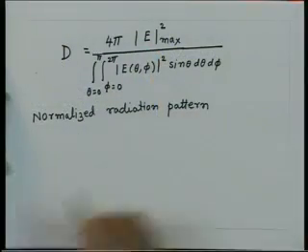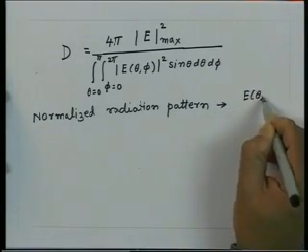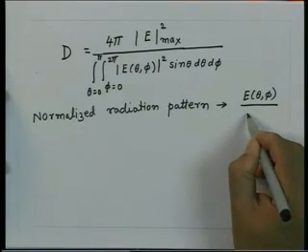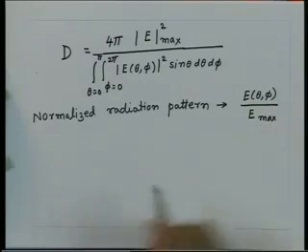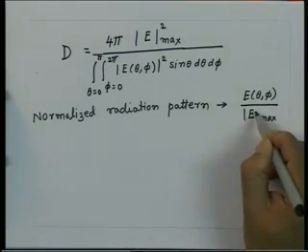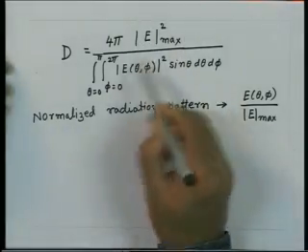So, generally for directivity calculation, you can define what is called the normalized radiation pattern, which is defined by E theta phi divided by mod E maximum. Then by definition this quantity is unity.